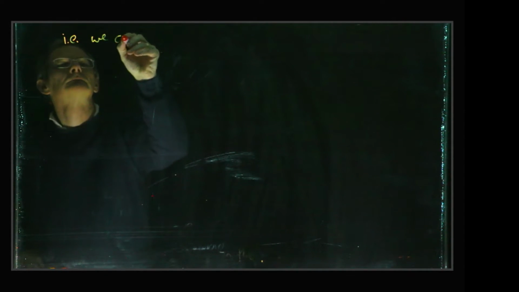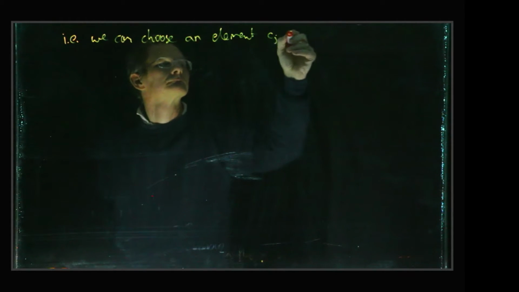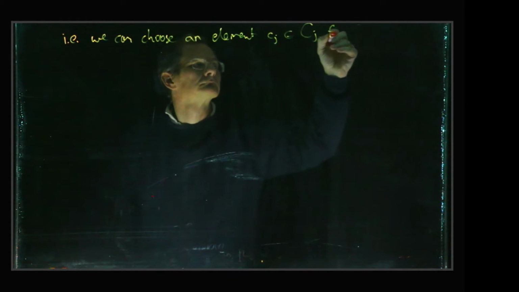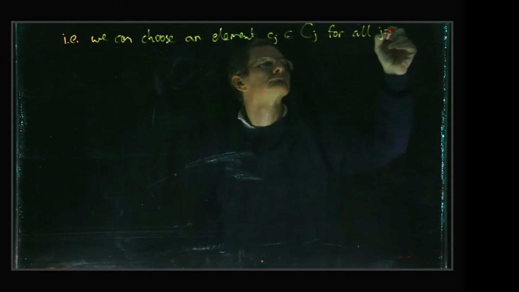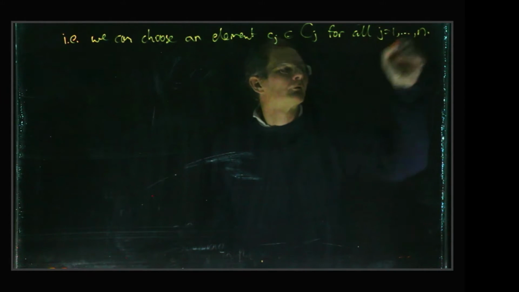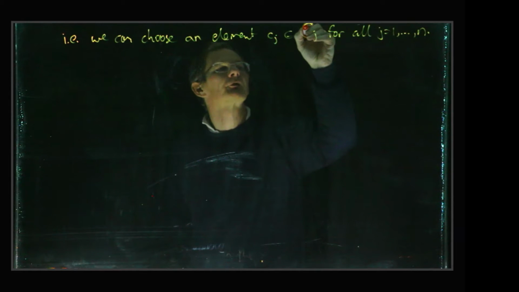Okay, so what does it mean to say that this matching problem is solvable? What does it mean to solve a matching problem? It means that for each of these candidate sets CJ, you choose a particular element.